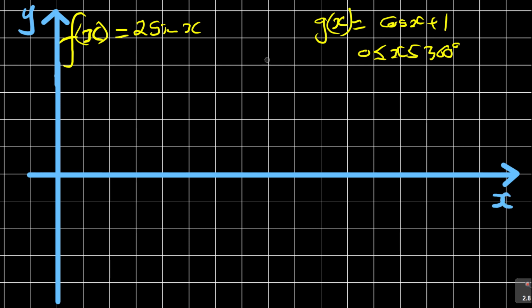And then you start dividing your points here, depending on what you want to divide by.